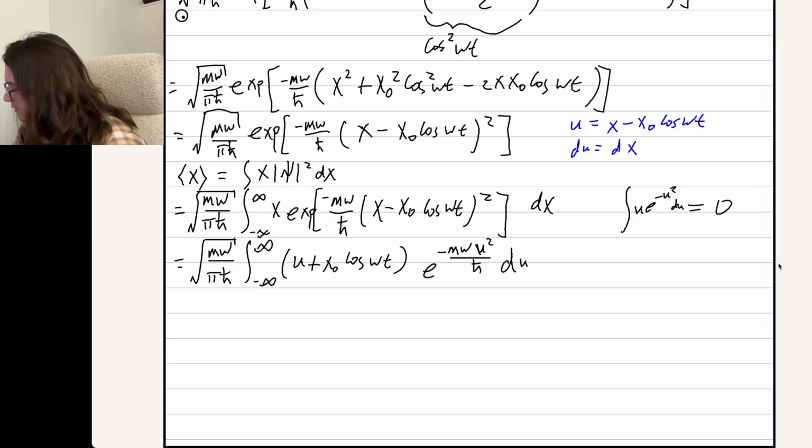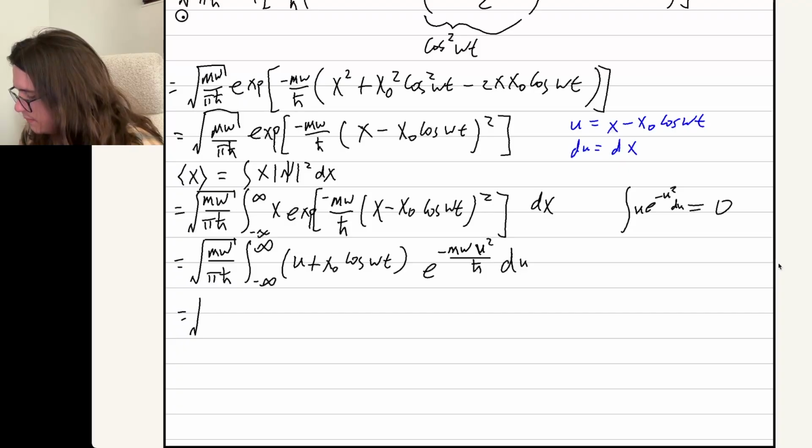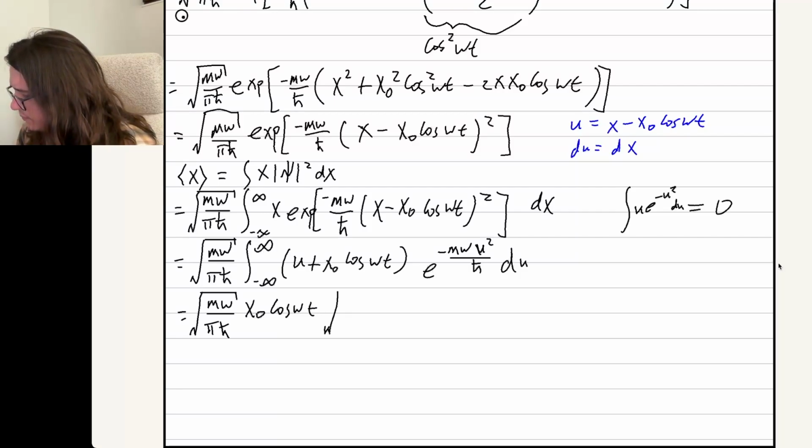That's an odd Gaussian integral. But we get to keep the other term. So we get the root m omega over pi h bar thing times x naught cosine omega t. And then the result of that integral is just root pi h bar over m omega, which means the radicals exactly cancel out. So this is just x naught cosine omega t.